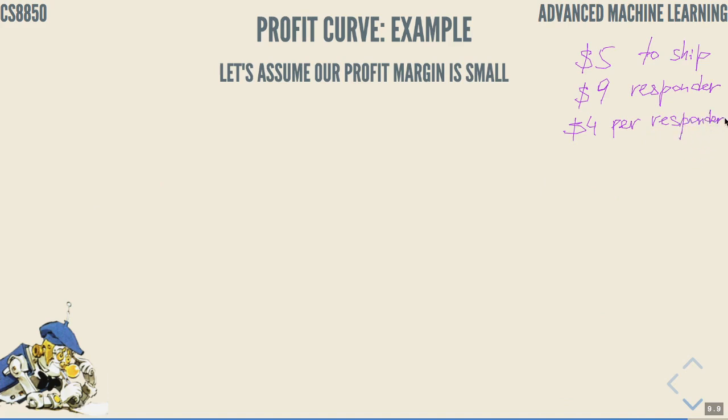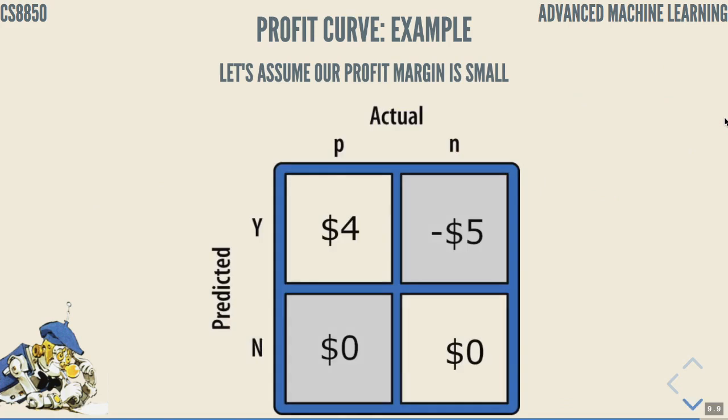You probably want to pause the video and try to construct the cost-benefit matrix yourself, but here it is for you. A true positive brings us $4, and a false positive brings us negative $5.